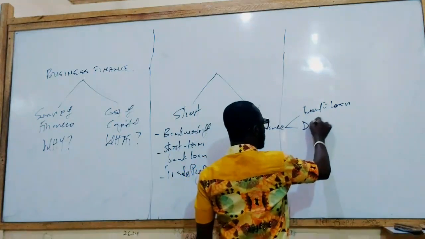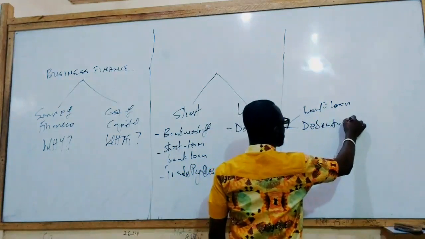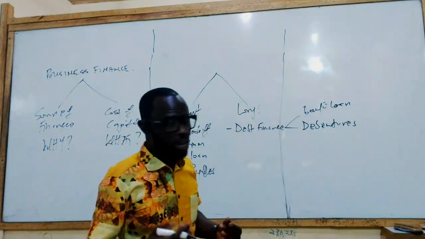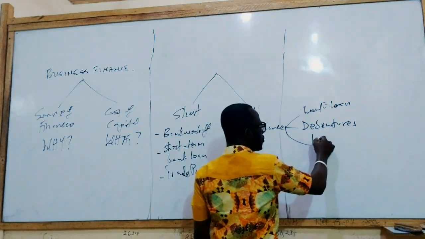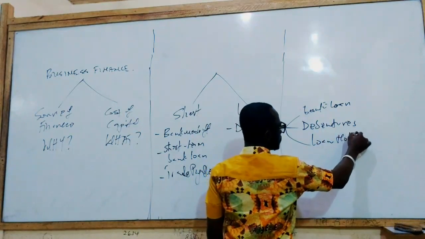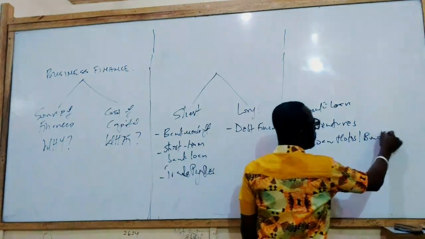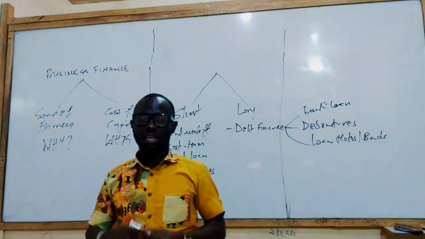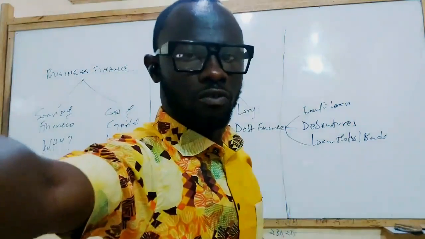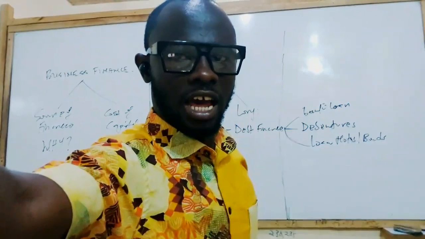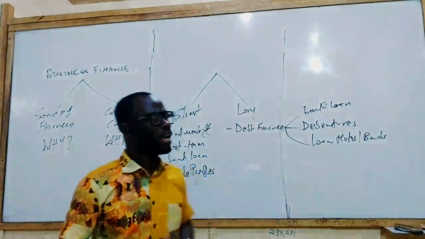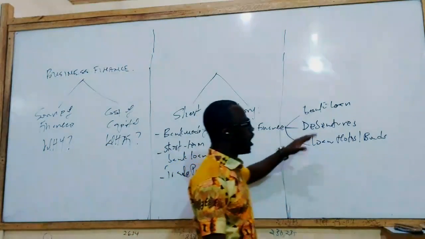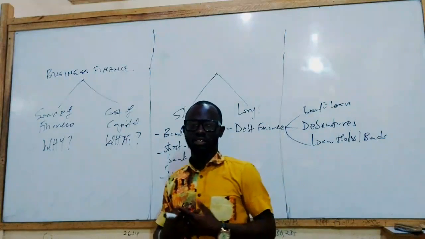The entity can also issue some debentures. Okay? It's also a debt finance. The entity can also give the issue in relation to loan notes, or if you want, bonds. All of these are some examples of debt finance that are used interchangeably in understanding how we will deal with the issue about debt finance.